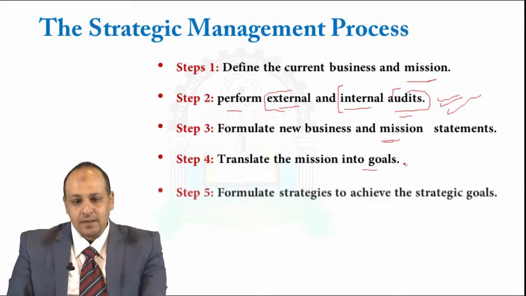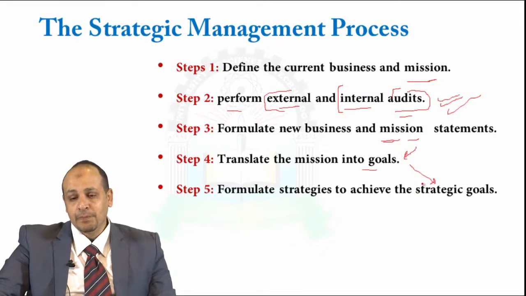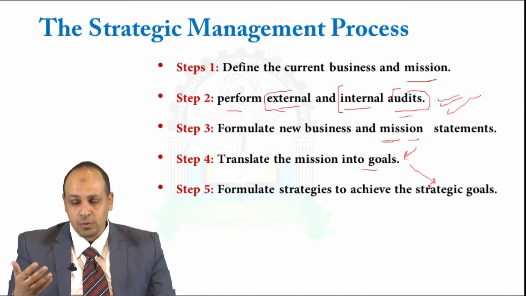Step number 5 is we formulate strategies to achieve the strategic goals. So here we have the mission based on our analysis. We set the goals which are clear, and then we set the strategy. The strategy is actually the tool that can help us achieve our goals.